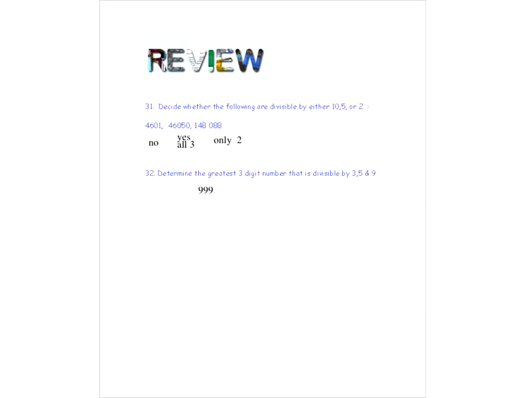Because it ends in 0 or 5. What rule do we use to decide if it's divisible by 3? That's a cool symbol. Okay, digits equal multiple of 3.